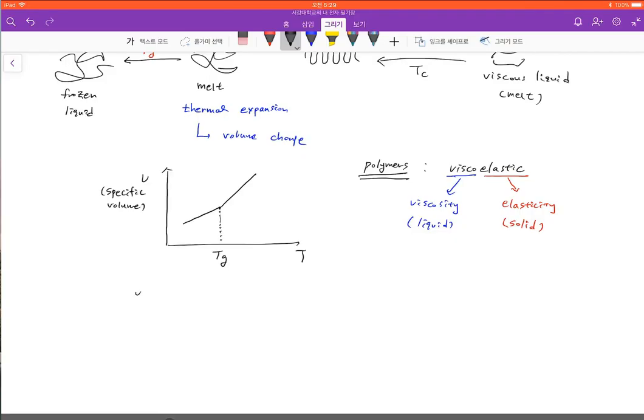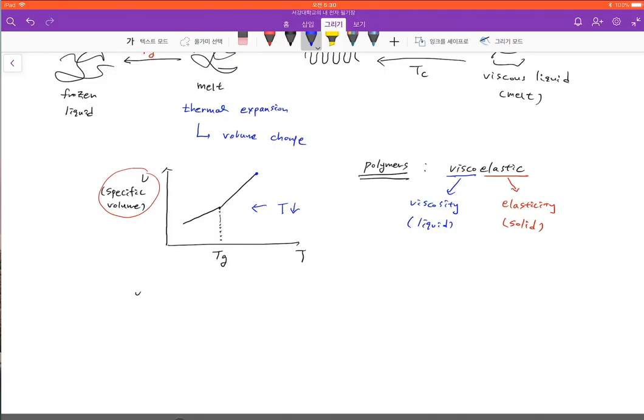or it is a kinetically determined phenomenon. For example, let's consider this specific volume change at glass transition temperature. Let's say that we start from here, and we just cool down, we decrease the temperature.